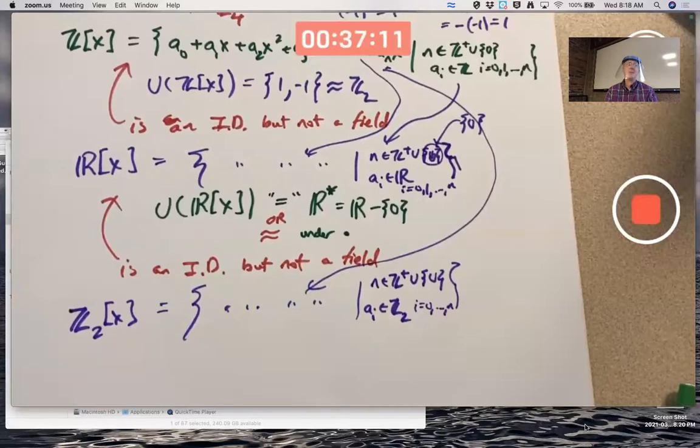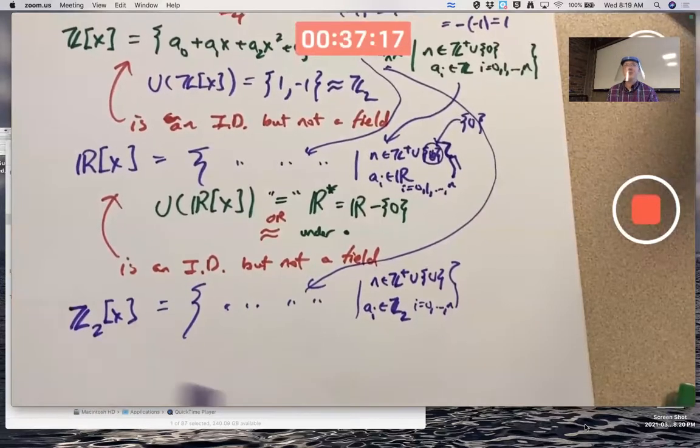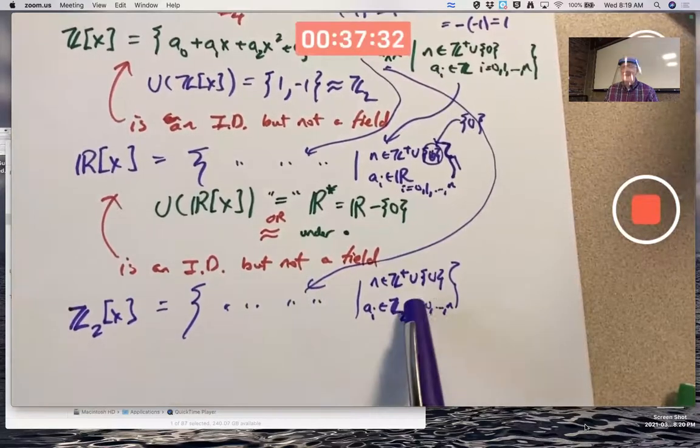There's infinitely many elements in here, in spite of the fact that Z2 itself has only 2 elements. This polynomial ring is an infinite ring.